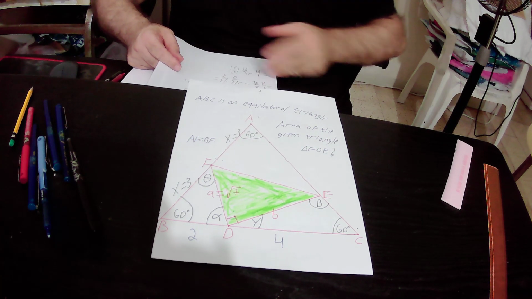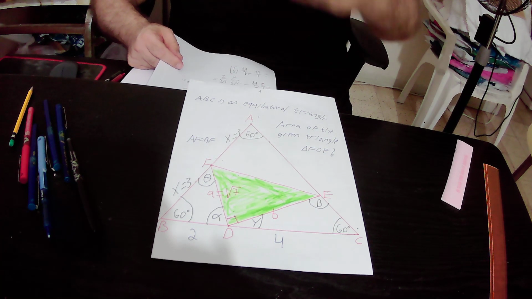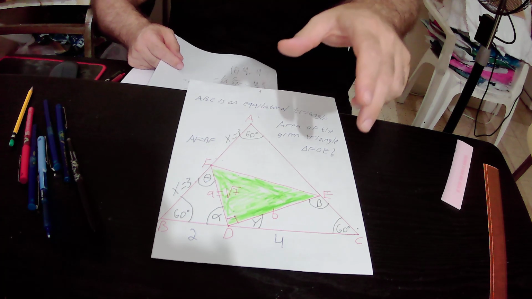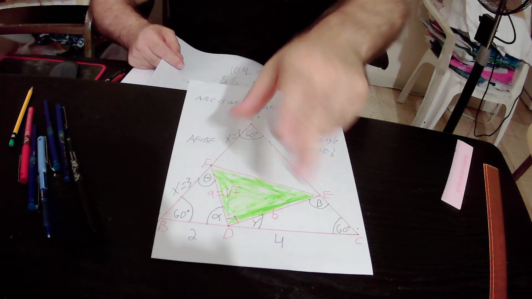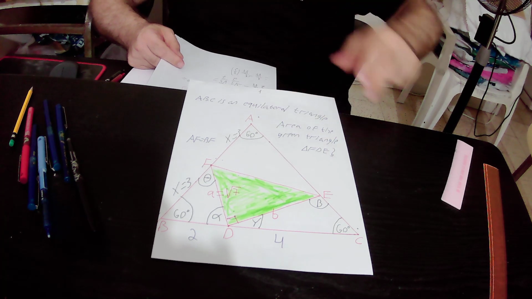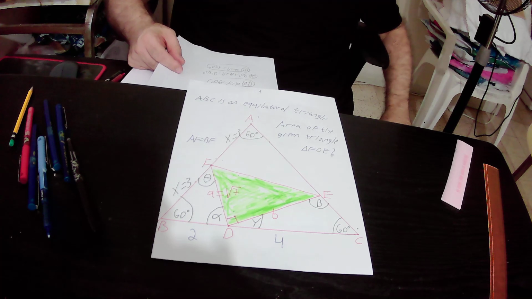And as I've already told you, all the sides of an equilateral triangle are equal to each other. So if BC equals 6 units, then AB also equals 6 units, and AC also equals 6 units. Okay?